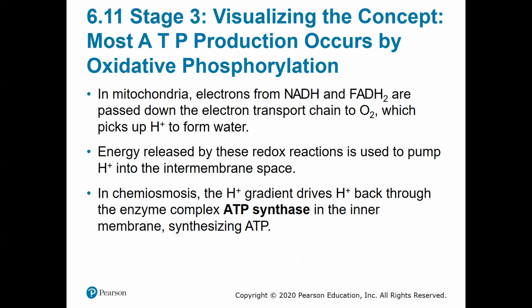So this leads us to the third stage of cellular respiration, where most ATP is going to be created by oxidative phosphorylation, or through the electron transport chain.